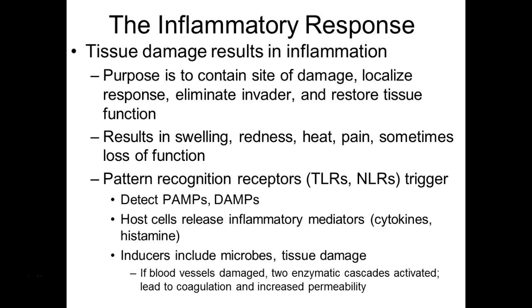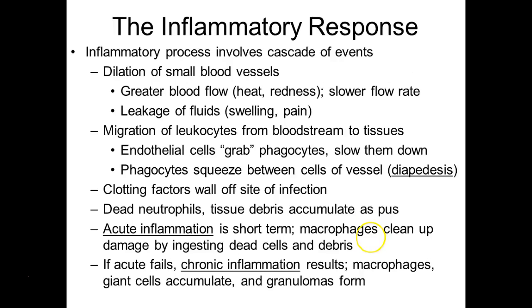But we do have to have increased permeability, right, in some areas so those white blood cells can get to the area, eat them up, right, and destroy any pathogens that may have gotten in. So it's a cascade of events, right? We're going to get dilation of those blood vessels in the area. Those capillary beds are going to fill up, those venules.